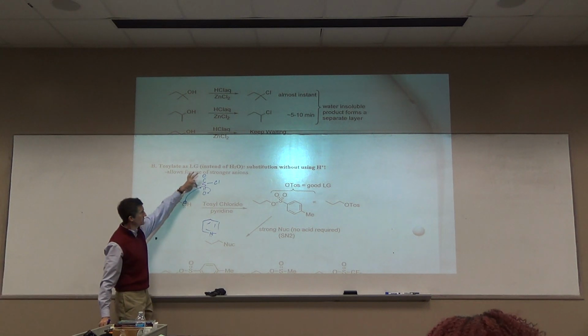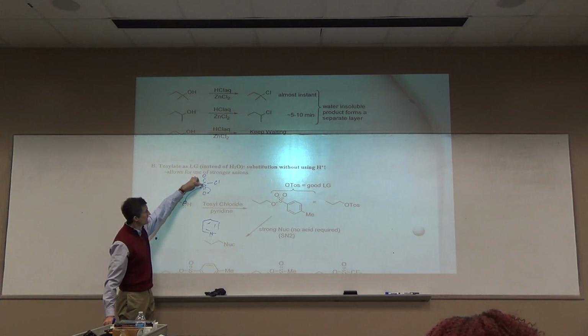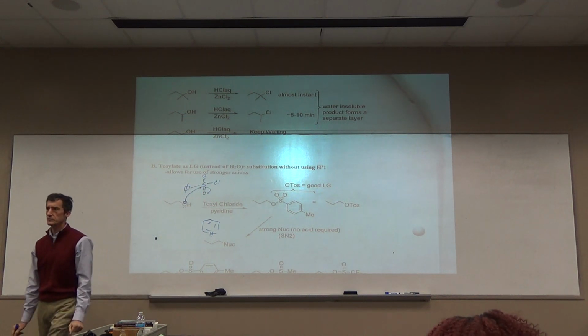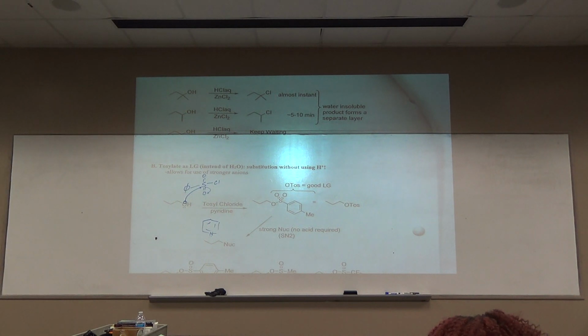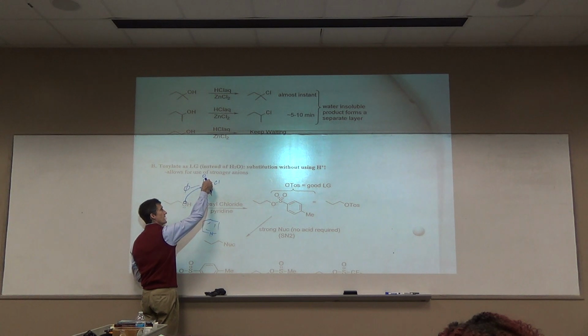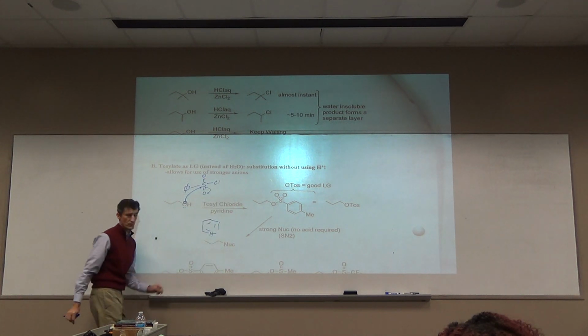Because, which is the stronger bond to sulfur? The sigma bond to chlorine or the pi bond to oxygen that I'm moving? Which one's stronger? Or I can say which one's weaker? Sigma bond is stronger. Whenever electrons come in here, you're not going to break and kick off the sigma bond. It's stronger.